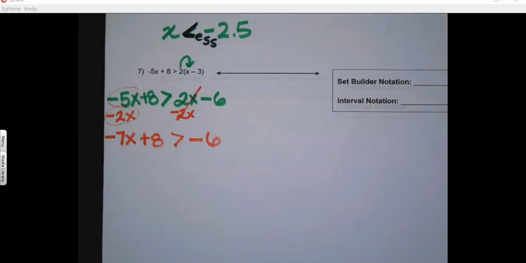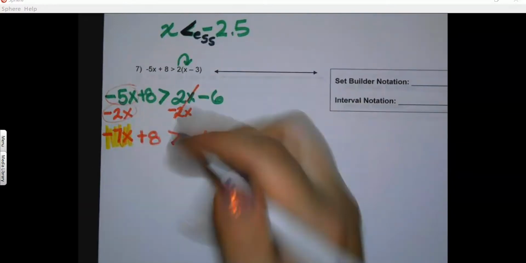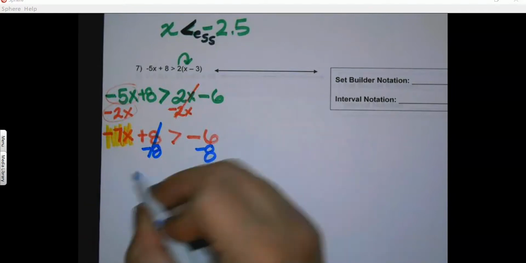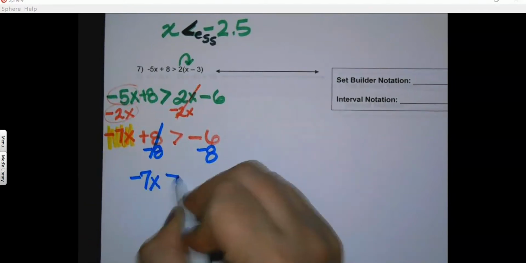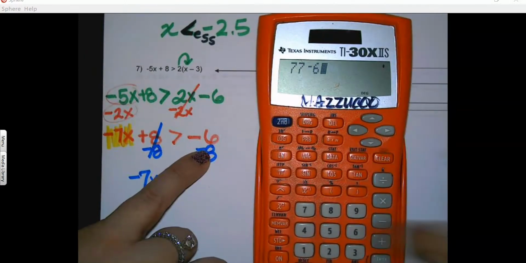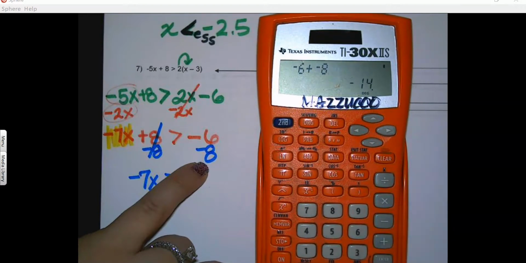So now I can cover up the variable and get rid of that number right next to it. So I'm going to subtract 8. And then I have negative 6, whoops, negative 6 plus I added a negative 8 on.